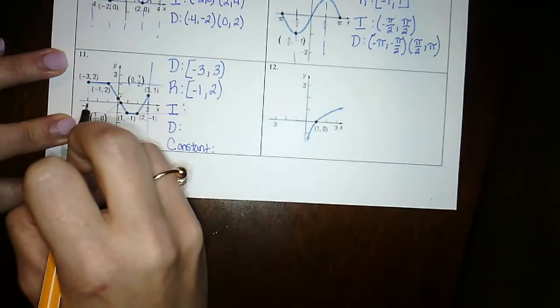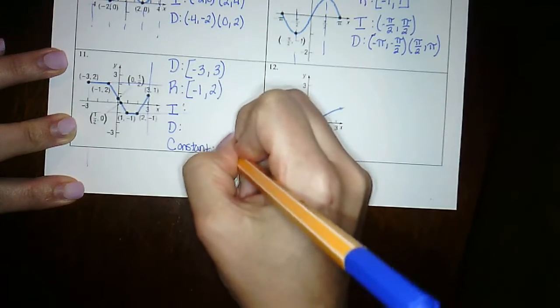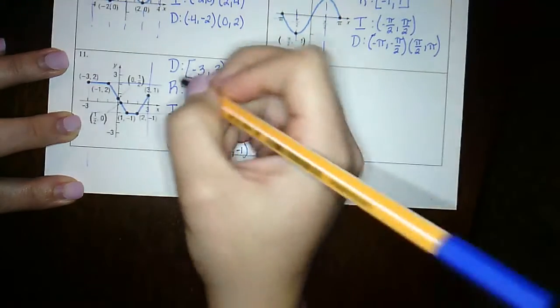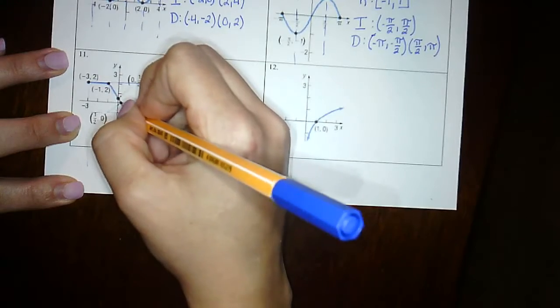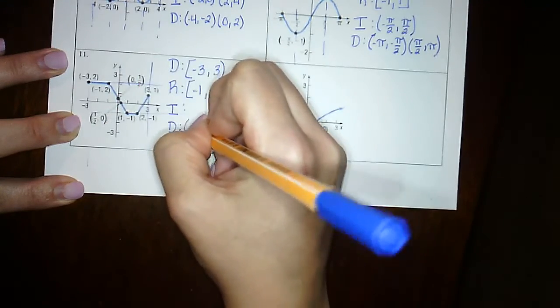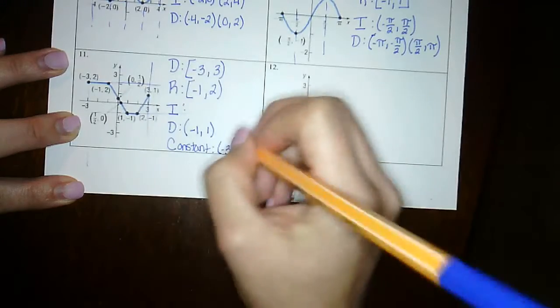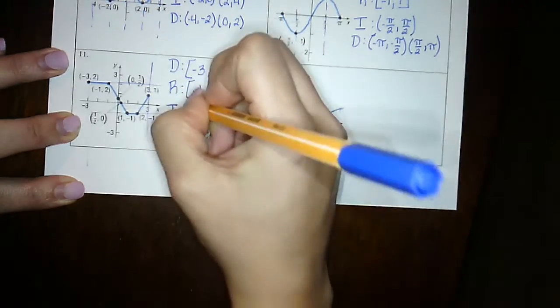It's constant from -3 to -1. It's not going up or down, it's just staying constant the entire way. Then it decreases, going down from -1 all the way to +1. Then it's constant again from 1 to 2. And then increases from 2 to 3.